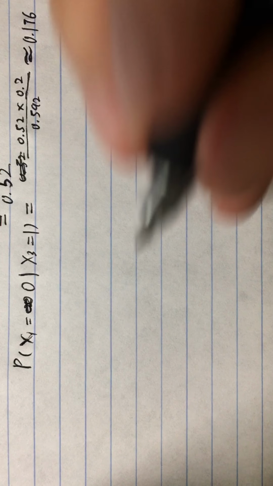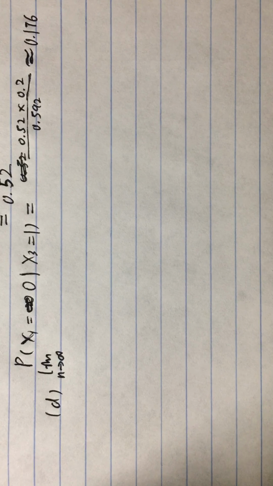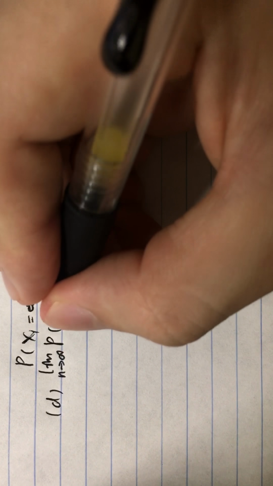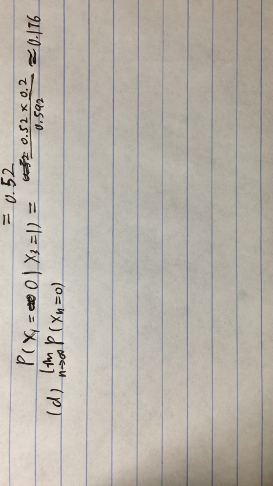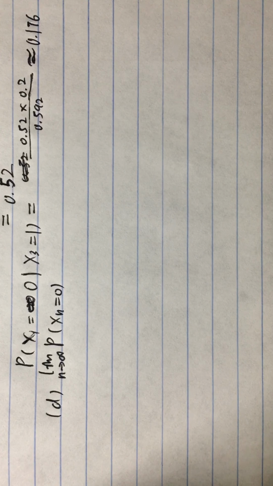Then is the last question, question number D. We need to find this limit as n approaches infinity of the probability xn equals 0. We need to get this one. So let's use a matrix approach.